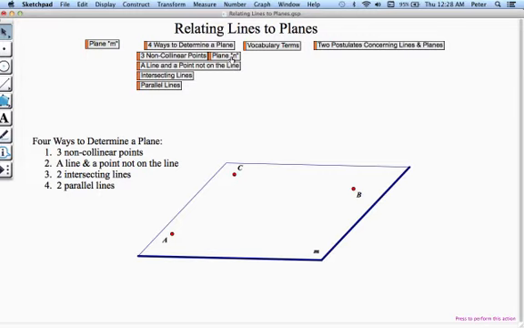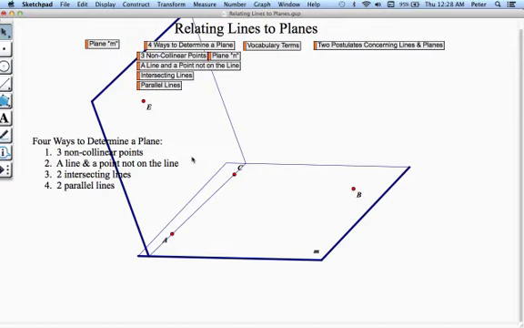Now you could come up with another point, maybe point E here, and that would determine a brand new plane that we could call N or something else like that. So any 3 points can determine only one plane. In this case, we have A, C, and B determining plane M, and A, C, and E determine another plane.